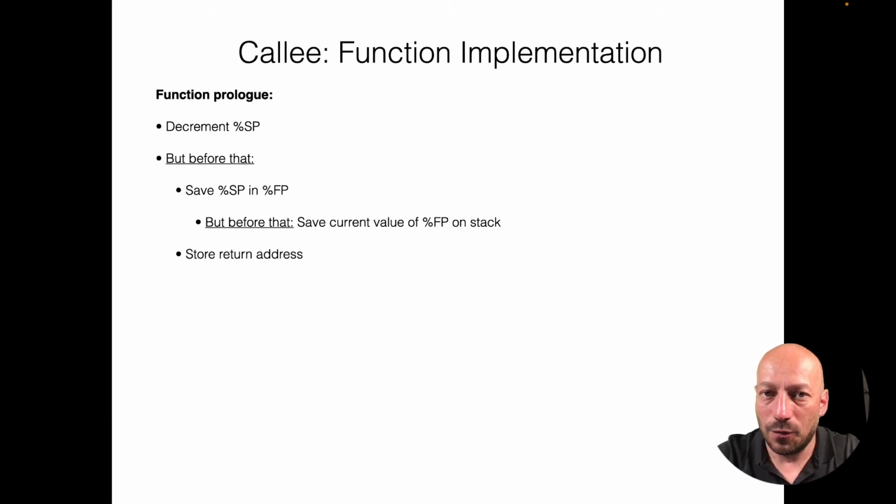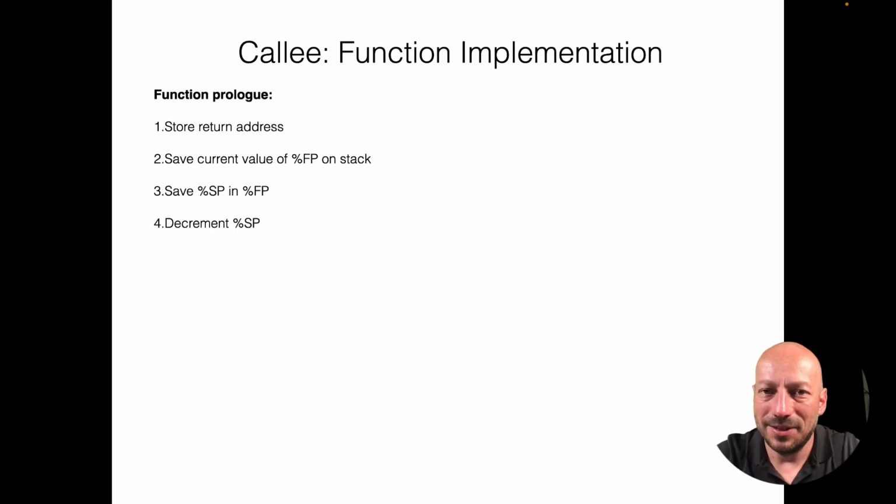So before we overwrite this frame pointer register, we of course have to make a copy of it. And for that, we will store it on the stack. And before we decrement the stack pointer, we also should already store the return address. Then you also can use the same offset that we already specified. And from these requirements, we basically have some kind of order given to us in what order these instructions should be done.